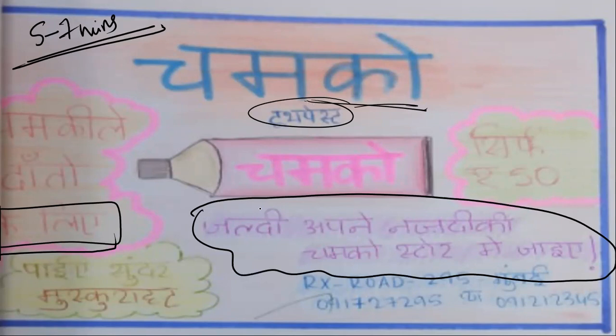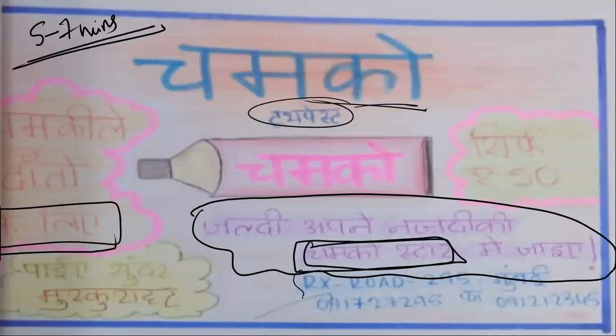That is, jaldi apne nazdeek ke chamko store mein jaye. Rush to your nearby store. So you can just keep this phrase in your mind. Jaldi apne nazdeek ki. You can change the product name always. That's all. And here you can see I have mentioned a road and contact details, and I have mentioned two numbers here. And you can mention an email ID as well.